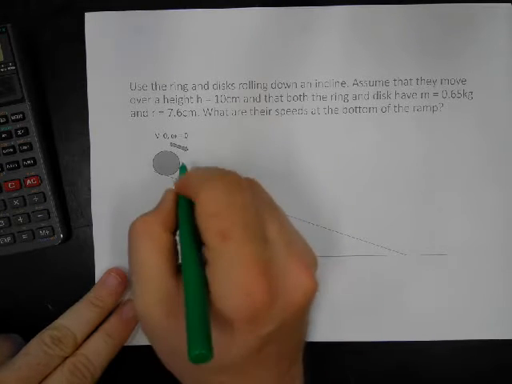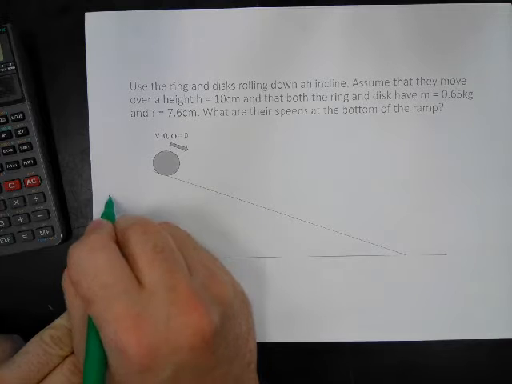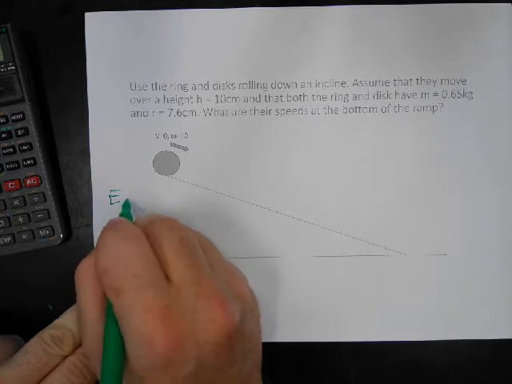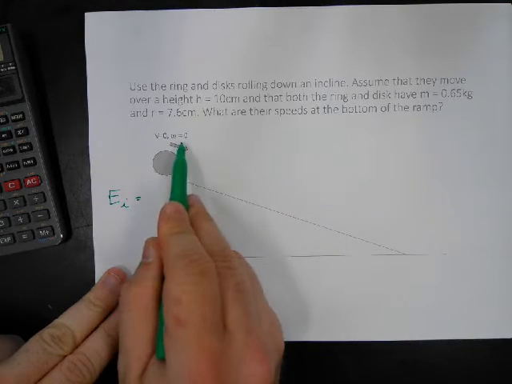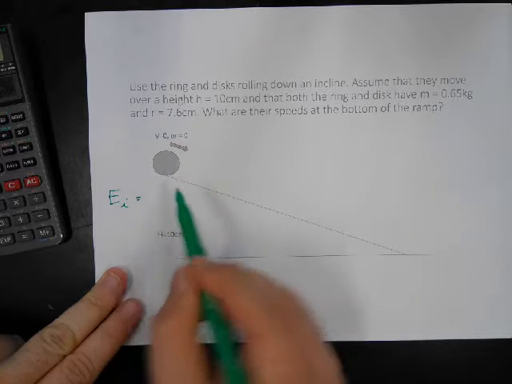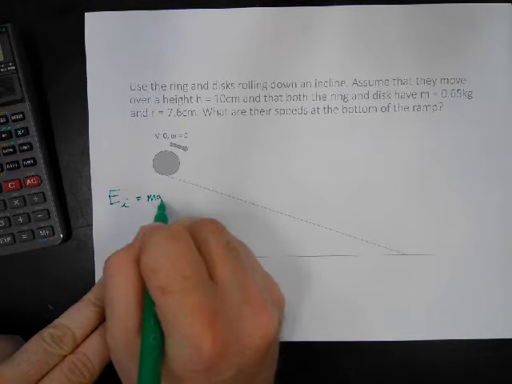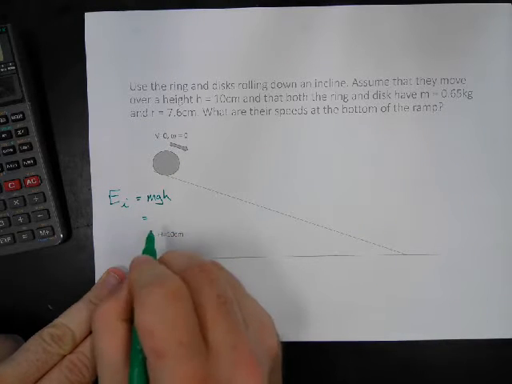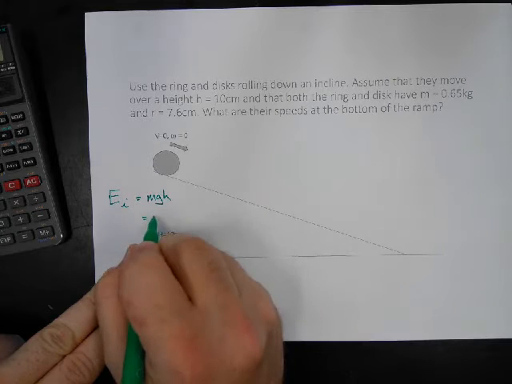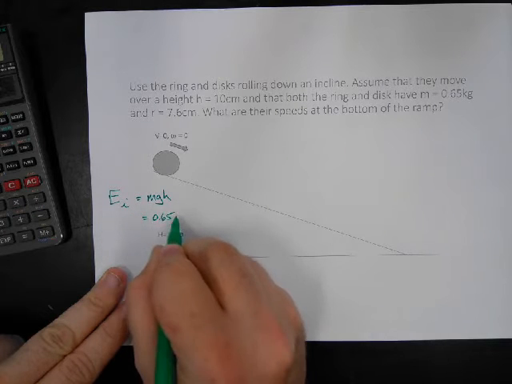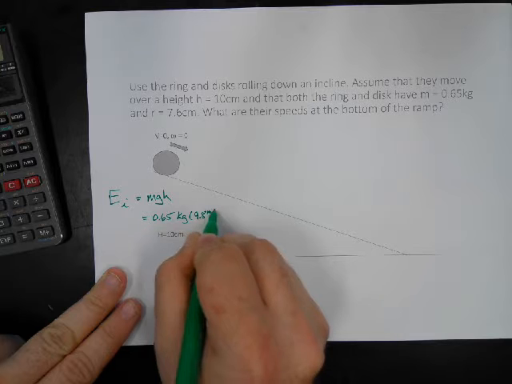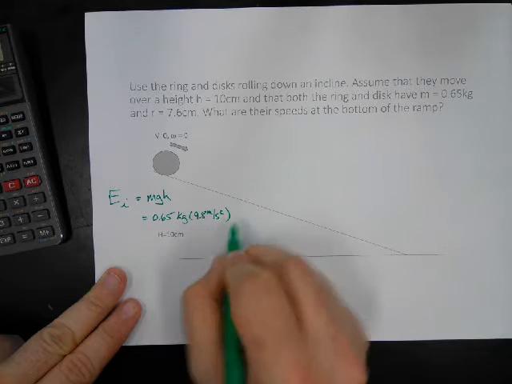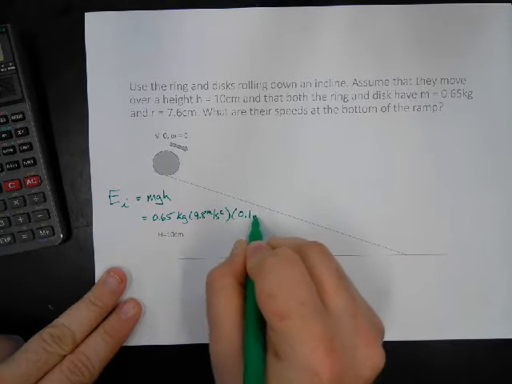So the energy here, E initial, is, well, there's no angular velocity, there's no translational velocity, it's just mgh. And that is, in this case, 0.65 kilograms times 9.8 meters per second squared times 0.1 meters.